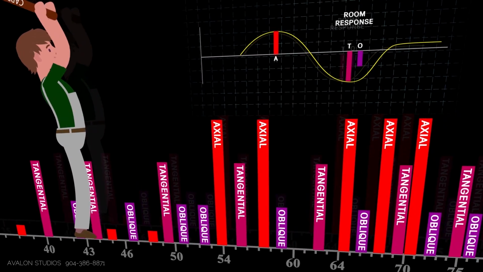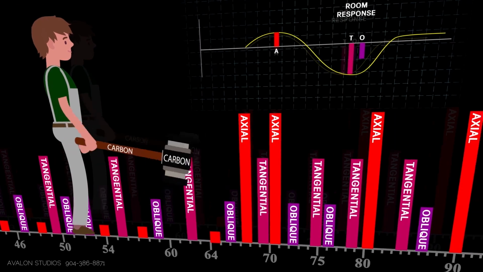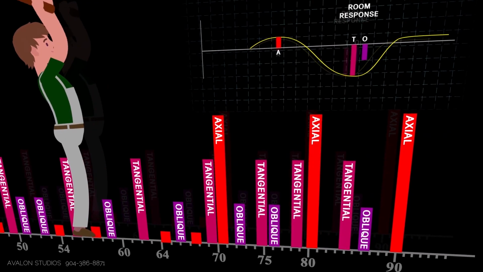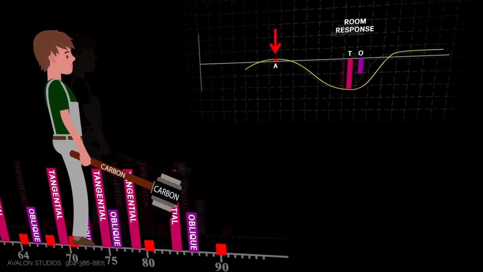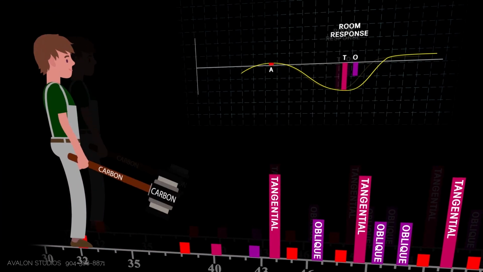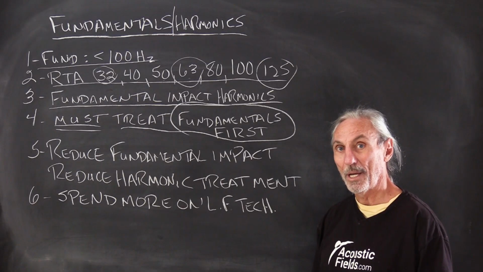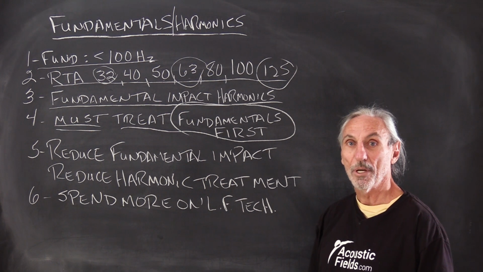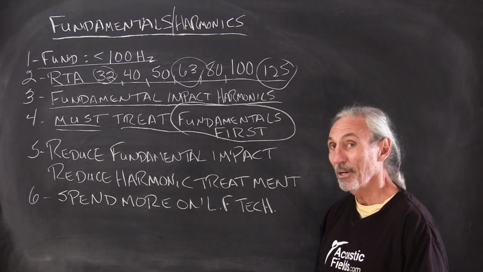So we must treat the fundamentals first, because you can see in the graphic that it has such a big impact across the whole frequency range. And it's much easier in terms of treatment types to treat the low frequency harmonics or fundamentals in the room than it is the harmonics, and it costs less.